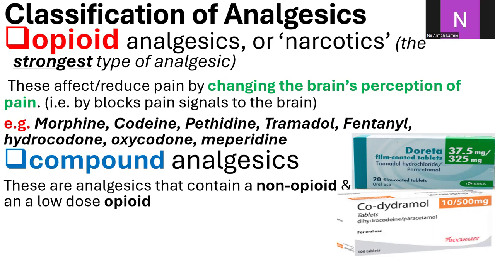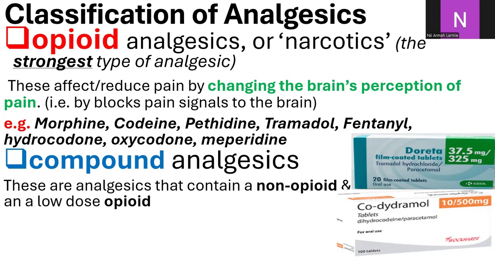So the brain does not notice that there is pain, and in this way the patient is comfortable without feeling the pain, or will have a diminishing of the pain sensation. Examples of these drugs include morphine, codeine, pethidine, fentanyl, tramadol, hydrocodone, oxycodone, etc.